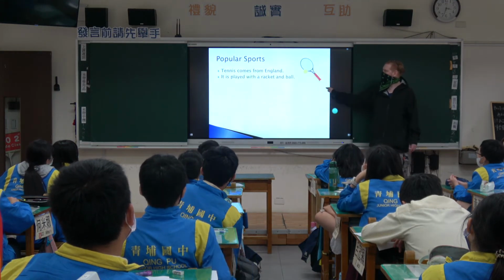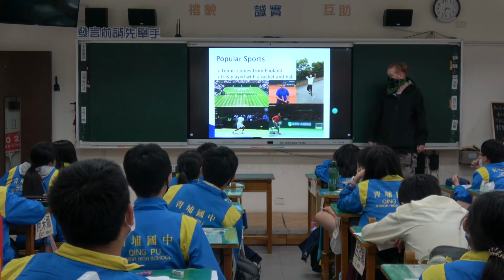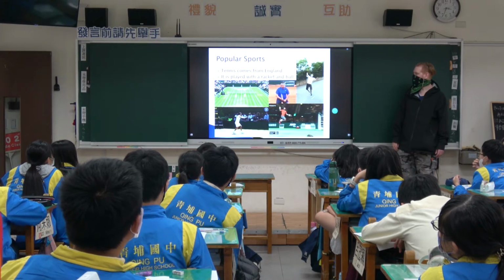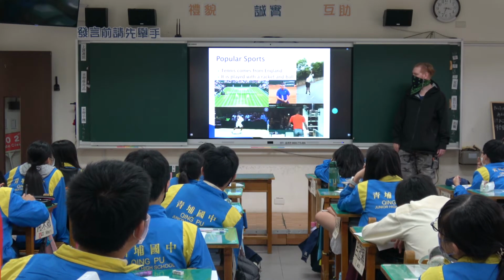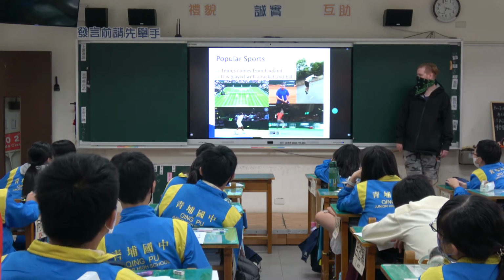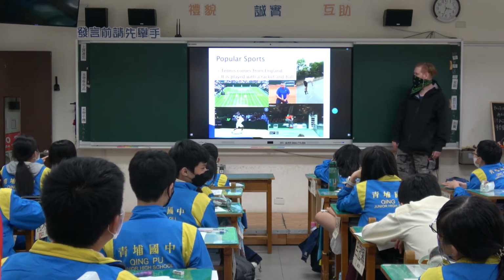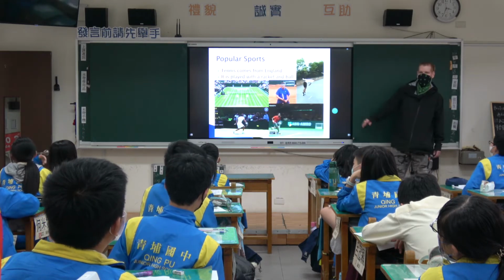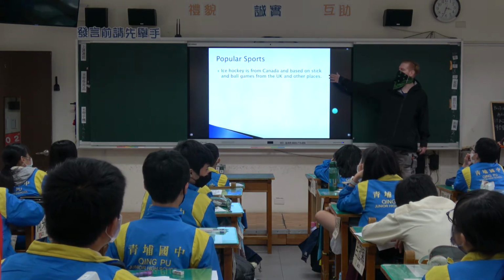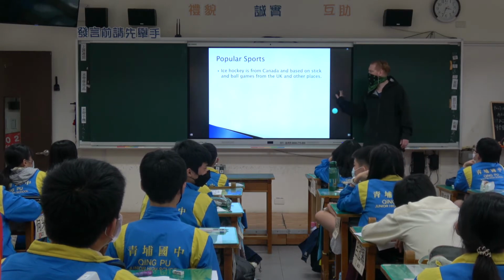Tennis comes from England. It's played with a racket and ball. Okay. Ice hockey is from Canada and is based on stick and ball games from the UK and other places.